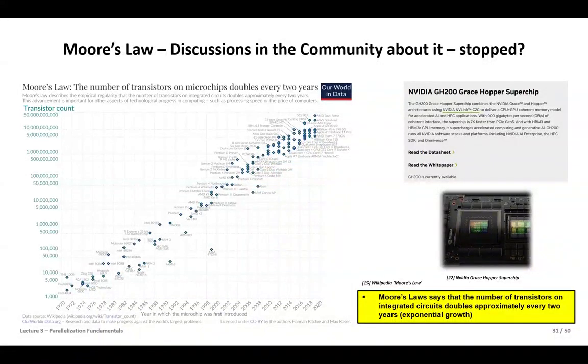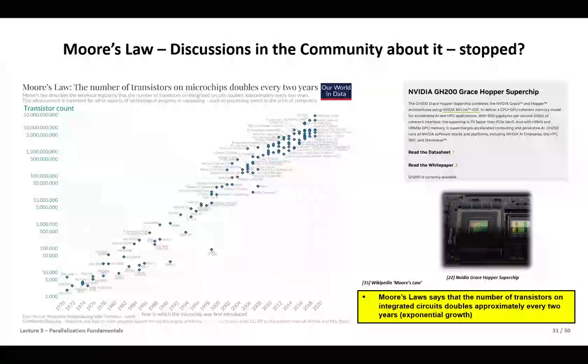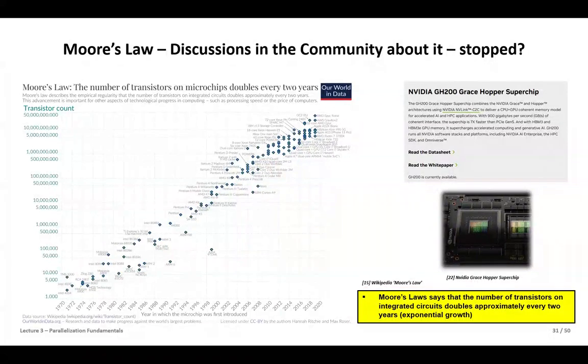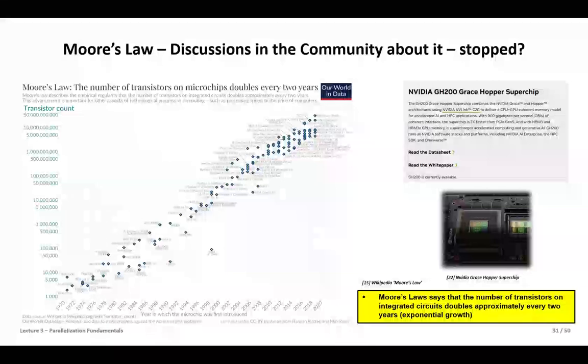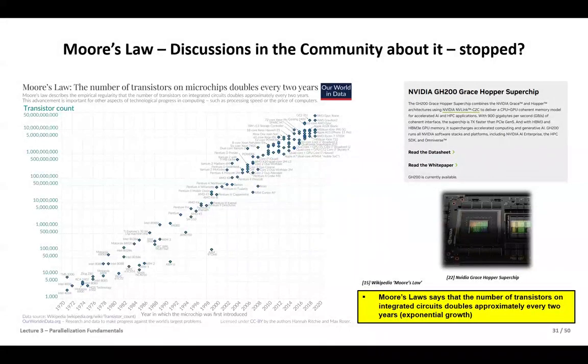It would be getting too hot. Hence, there was suddenly the GPU to the rescue and said, okay, we don't do maybe these cutting edge cores, but for some problems like we have seen successfully in AI, it actually makes sense to do moderate processors and many of these chips, many on these chips.